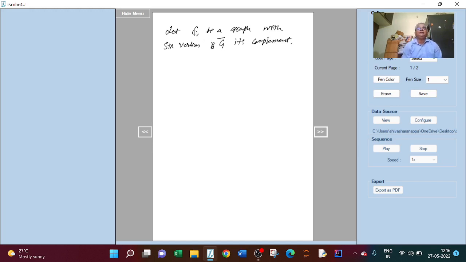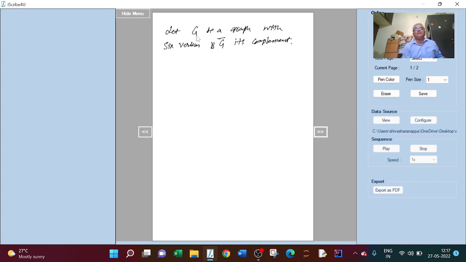So that means here let U be a vertex in G. If it is adjacent with V in G, then it is not adjacent with V in G bar. Okay, and if a vertex U is adjacent with one vertex in G, then it is adjacent with 4 vertices in G bar, because G and G bar are complements to each other here.